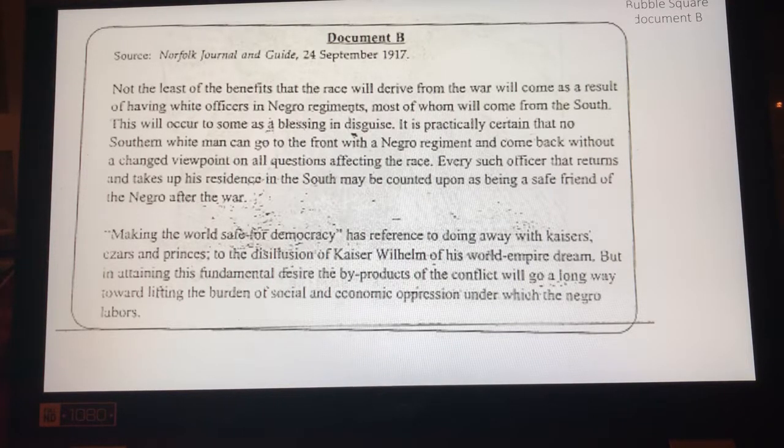It says, "Making the world safe for democracy has reference to doing away with Kaisers, czars, and princesses, to the dissolution of Kaiser Wilhelm and his world empire dream. But in attaining the fundamental desires, the byproducts of this conflict will go a long way towards lifting the burden of social and economic oppression under which the Negro labors."